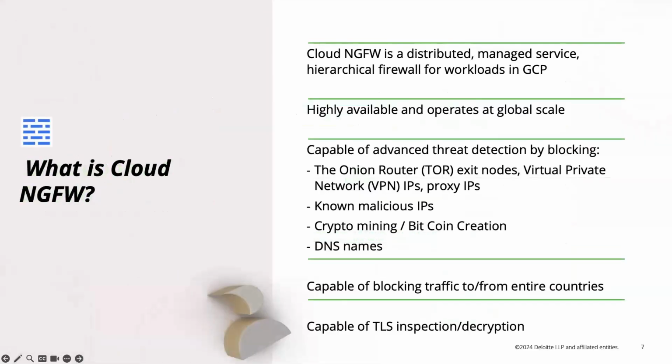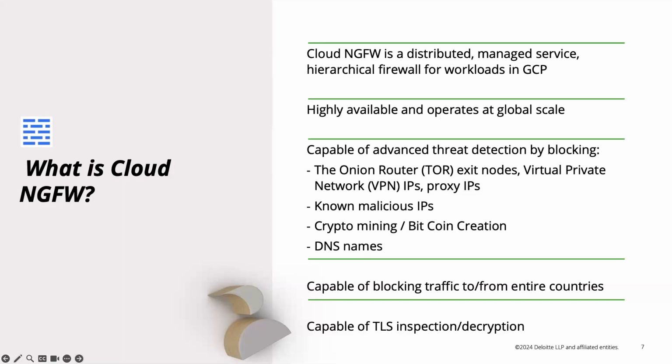So Cloud NGFW is a Google Cloud managed service. It's a distributed firewall, and it's also a hierarchical firewall. What does that exactly mean? So distributed firewall, I'm defining it in one place, and it distributes out and actually applies to individual NICs of VMs or nodes.